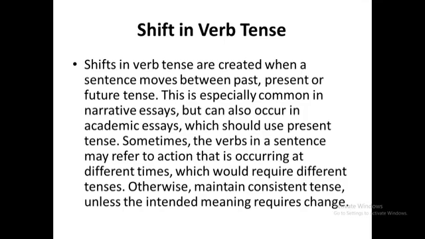Sometimes the verb in a sentence may refer to action that is occurring at different times, which would require different tenses, otherwise maintain consistent tense unless the intended meaning requires change.